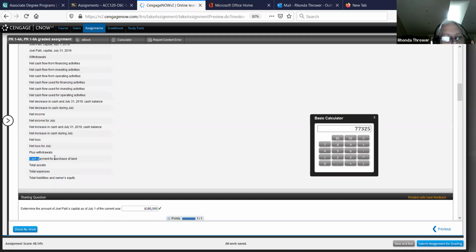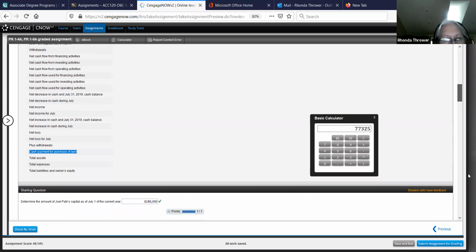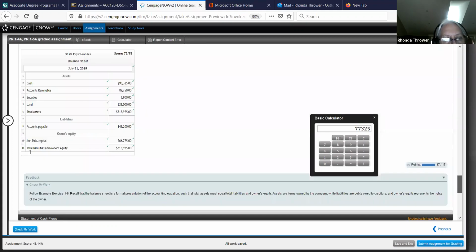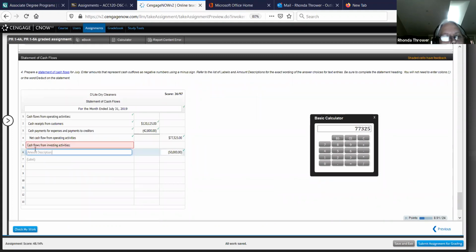All right, right here's what it's wanting. Cash payment for the purchase of land. Okay, it likes that. But I think it might need to go on this line here. So cash payment for purchase of land.